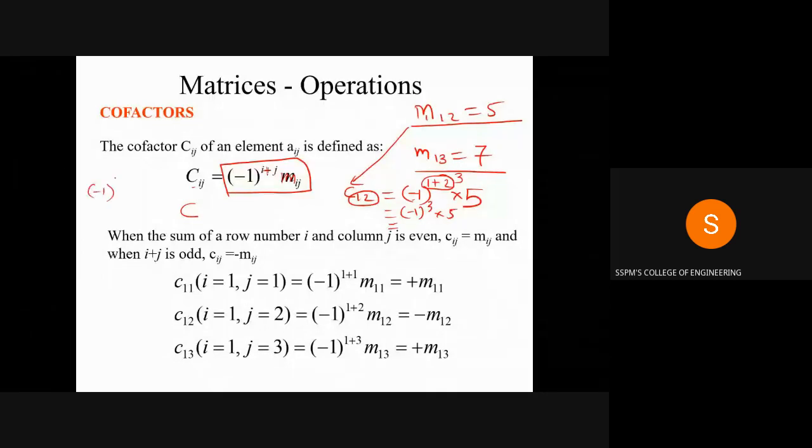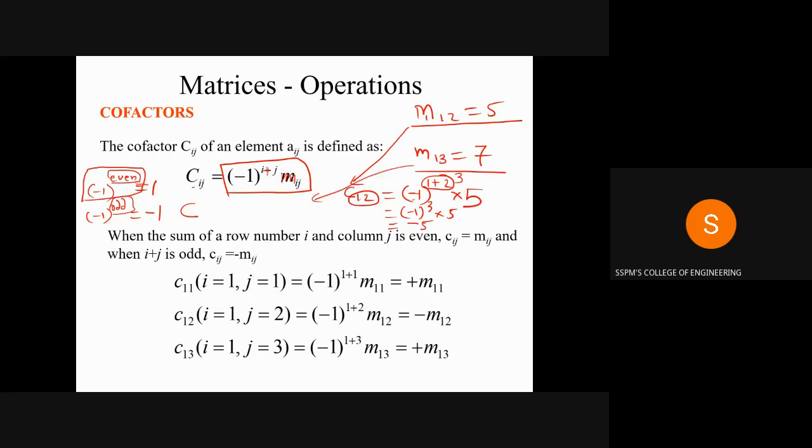If the power is even, its value is 1, and if the power is odd, its value is minus 1. Here the power is odd, therefore this is minus 5.